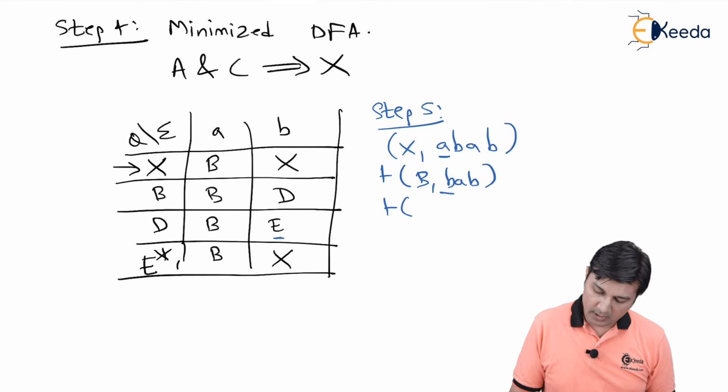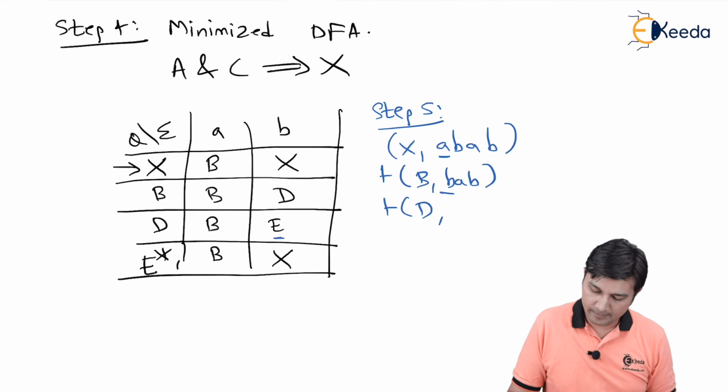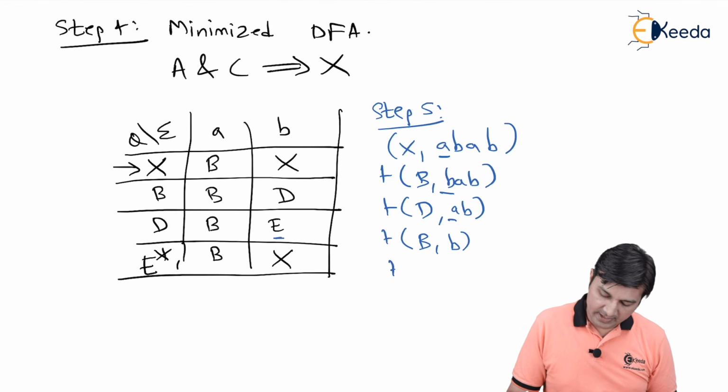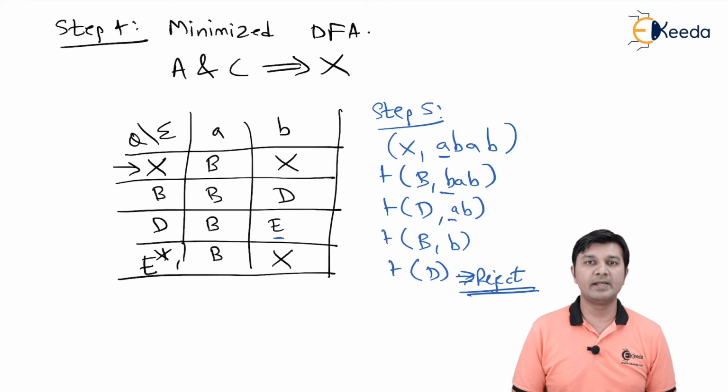B on B goes to D and I have AB with me. Then D on A goes to B. What is left with me is a single B, and now it is the time to decide the output. So if I check what is B on receiving small b, it is going to D, and since D is not the final state, I am going to say that this input will be rejected by my DFA.